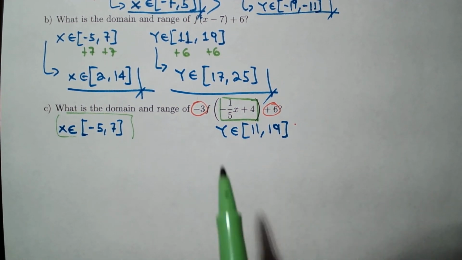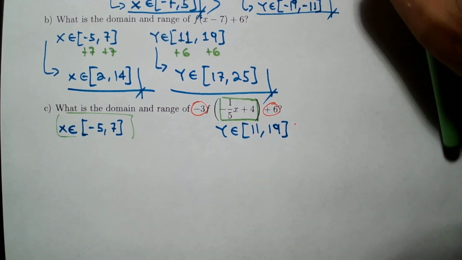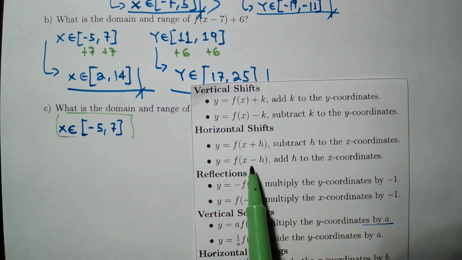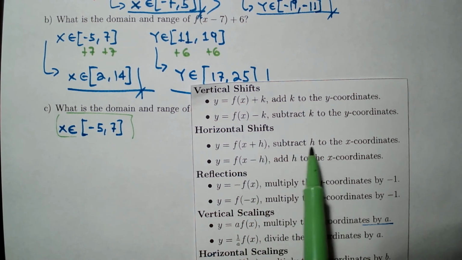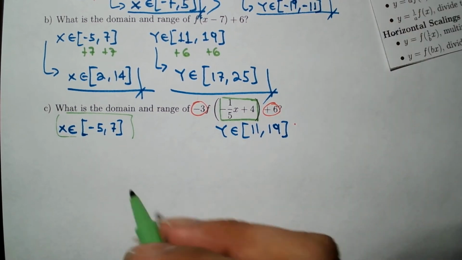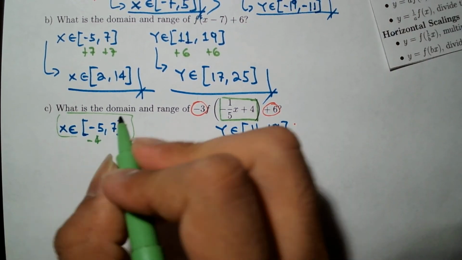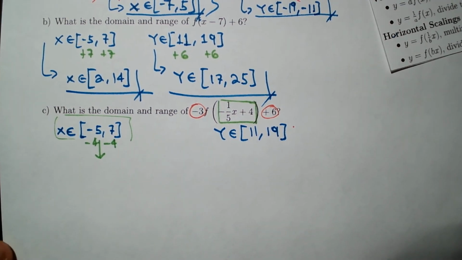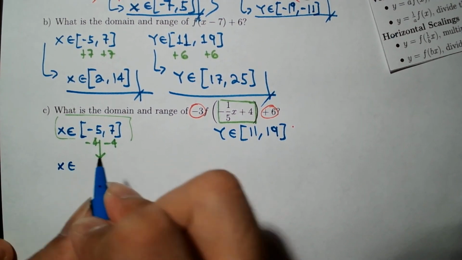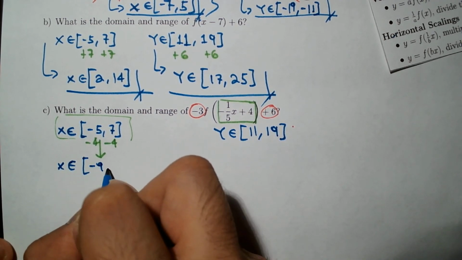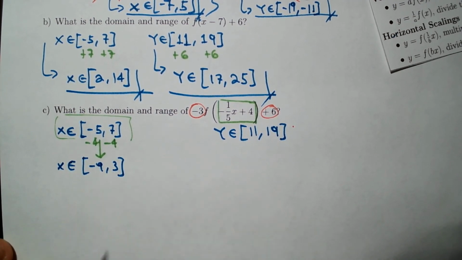Okay, first of all, what is this +4 suggesting to do? So the +4, plus h, is to subtract h from the x coordinate. So all the x's I'm going to subtract 4, and that's going to yield the following: x belonging to, so the new domain is going to be -9, 3.